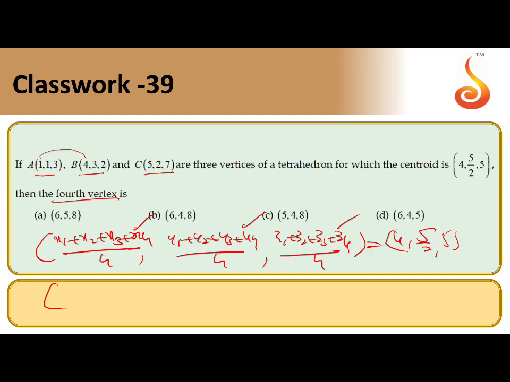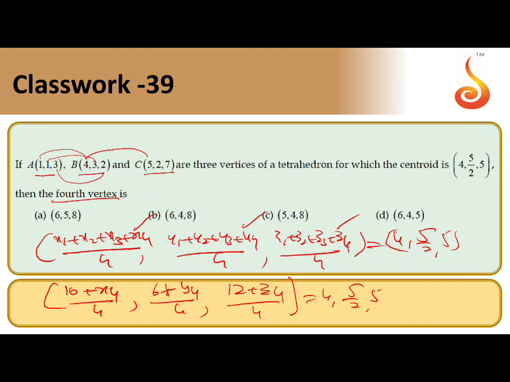So x1 plus x2 plus x3: 1 plus 4 is 5, 5 plus 5 is 10, so (10 plus x4) by 4. Next, y1 plus y2 plus y3: 1 plus 3 is 4, 4 plus 2 is 6, so (6 plus y4) by 4. And z1 plus z2 plus z3: 3 plus 2 is 5, 5 plus 7 is 12, so (12 plus z4) by 4, equal to (4, 5/2, 5).